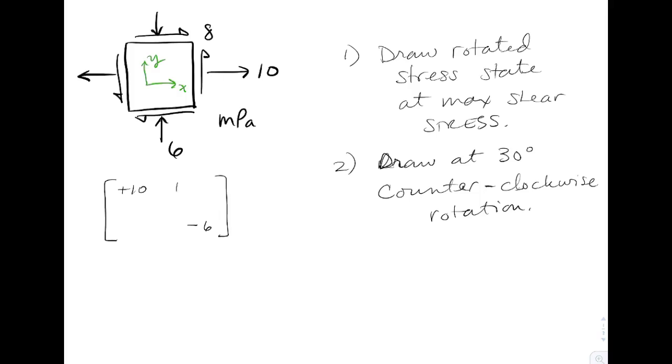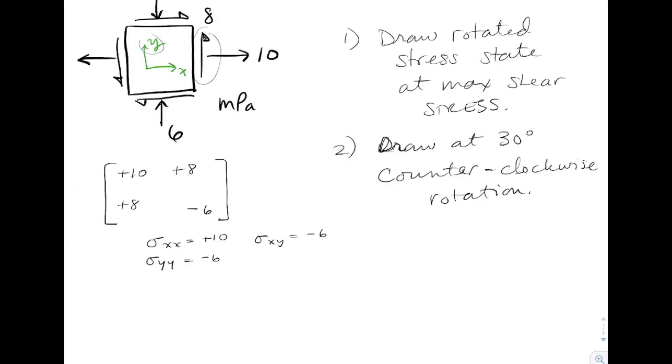Shear stress would be positive 8, as I would be on the positive x face, and I'd have a shear stress going in the positive y direction. So we could do the transformation matrices. Right, we could get into the equations. We'd be using sigma xx is equal to plus 10, sigma yy would be equal to minus 6, and sigma xy is equal to minus 6.